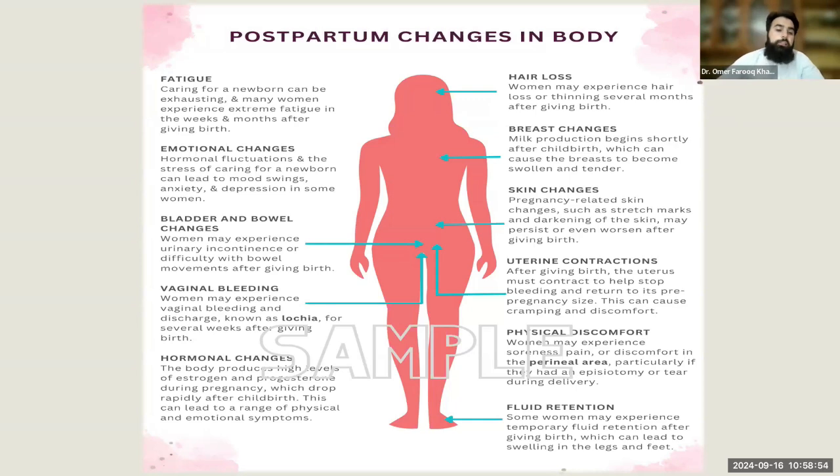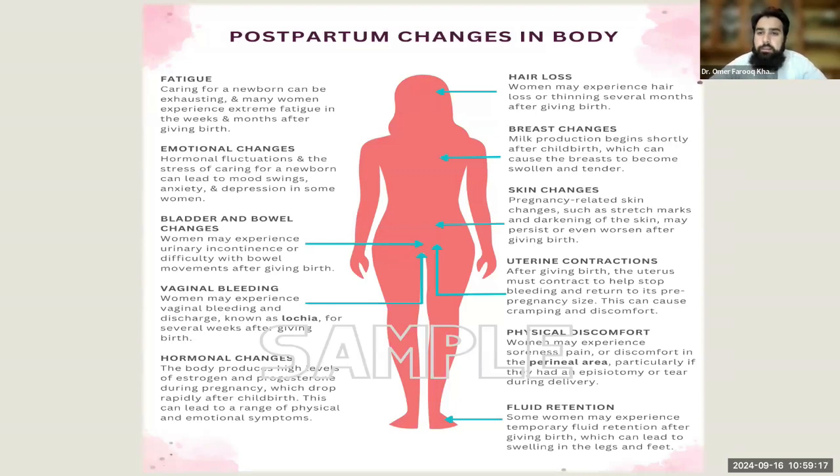This can lead to a range of physical and emotional symptoms in the body of a woman, and she will feel depressed, or she will feel elevated, or she may feel insomniac, or she may feel sleepy all the time due to these hormonal changes. And these might be disturbing, especially for a woman who has given birth for the first time.